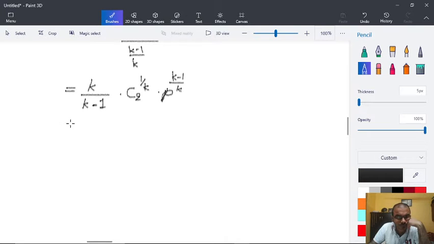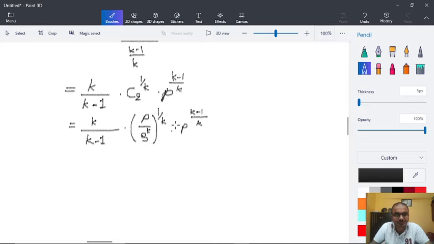So here we have k upon k minus 1, p raised to 1 upon k divided by rho, into p raised to k minus 1 upon k.